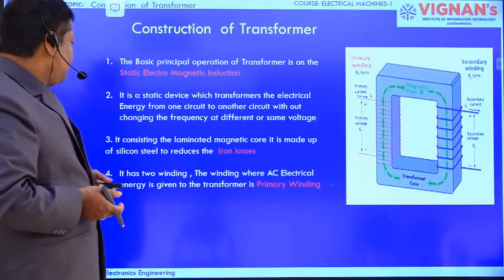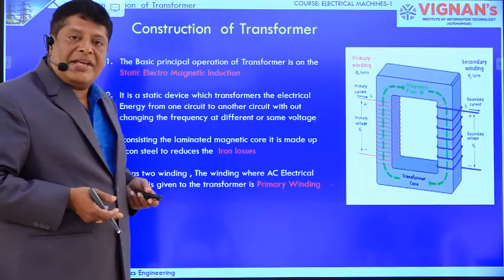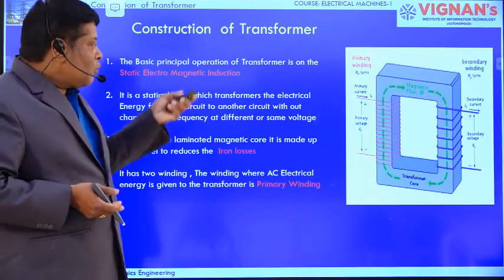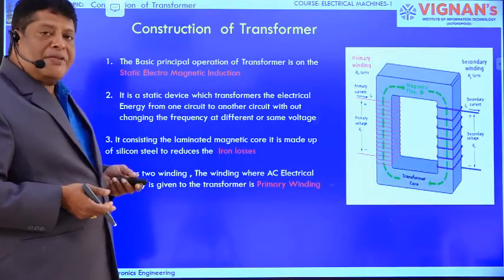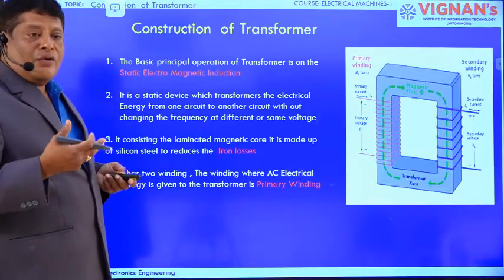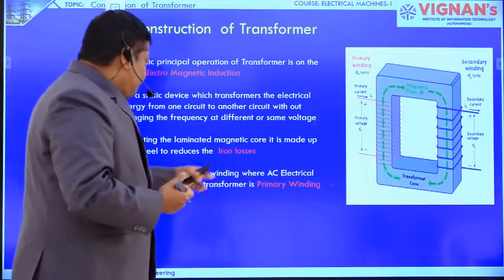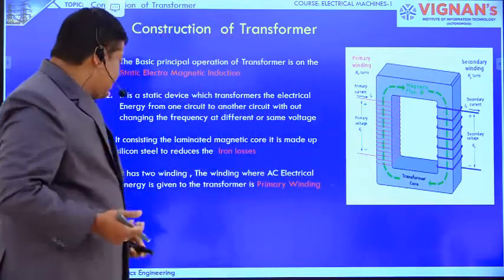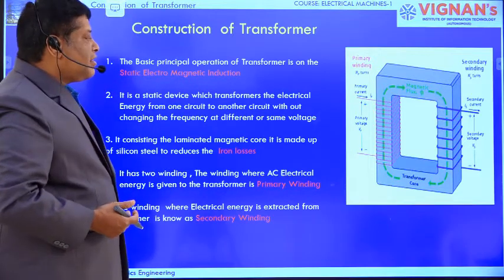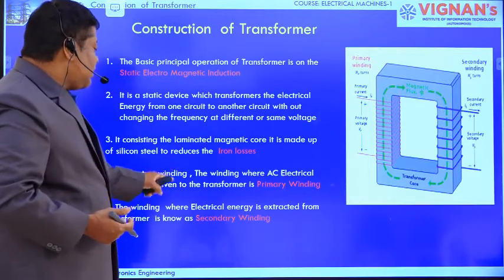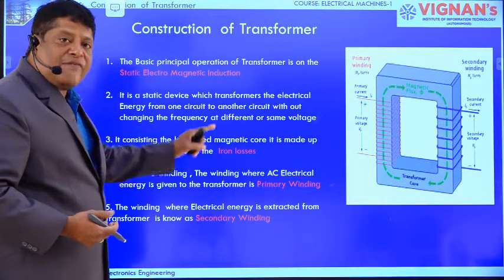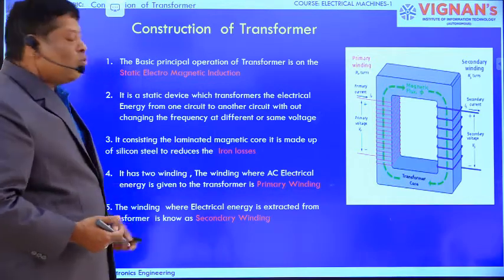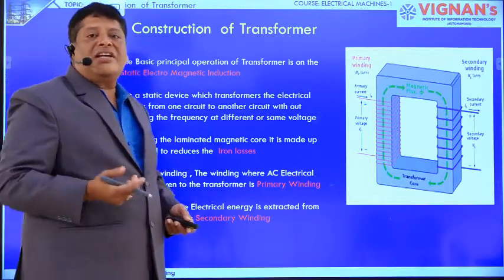It has two windings. One winding is the primary winding, where we give electrical energy to the transformer. The secondary winding is the winding where the electrical energy is extracted from the transformer.